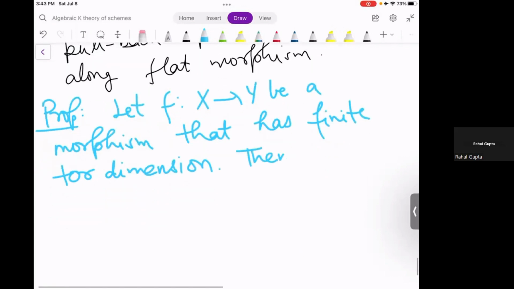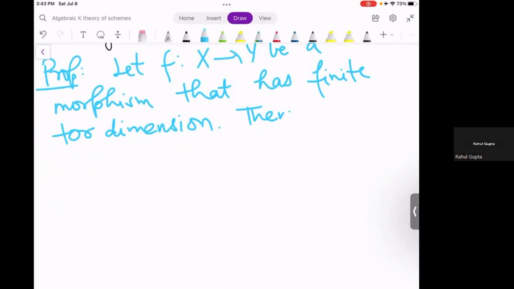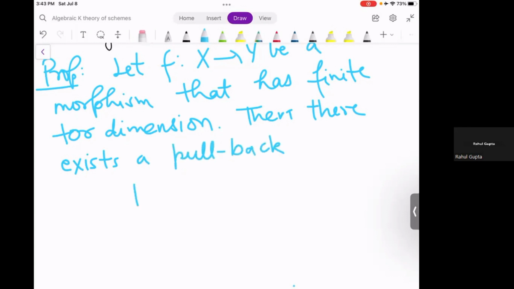Then there exists a pullback from G_i(Y) to G_i(X). Yeah. So what we are saying here is that we just don't need étaleness.